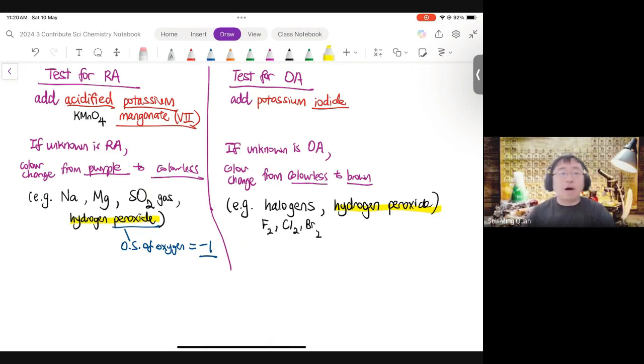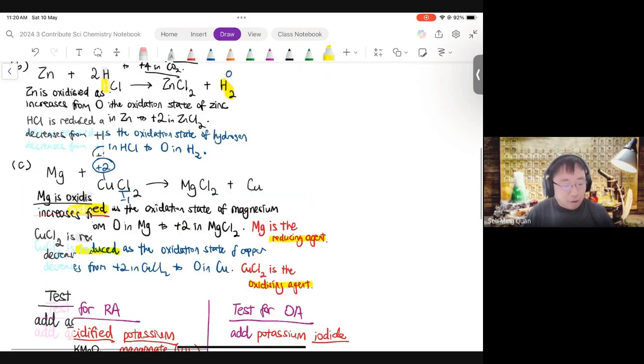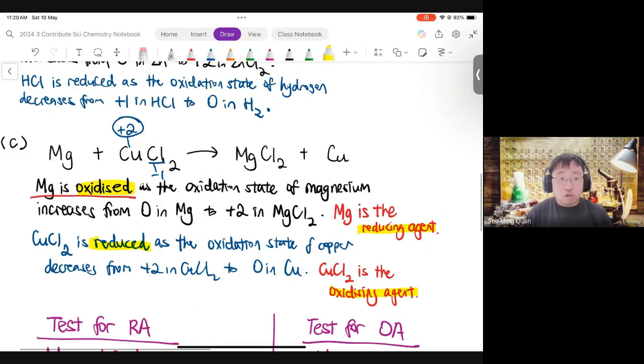Then we moved on to how to deduce whether something is a reducing agent or an oxidizing agent. Remember, a reducing agent is itself oxidized. So just now in part C, Mg is the reducing agent because Mg is oxidized. The oxidizing agent must be itself reduced. That's why CuCl2 is reduced, hence CuCl2 is the oxidizing agent.